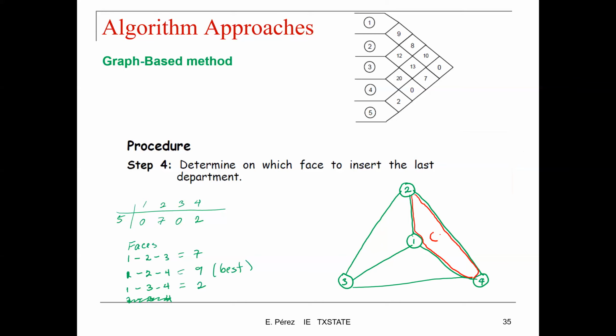Okay, so 5 is going to be located here, and it's going to be connected here, here, here. And this is 0, this is 7, and this is 2. This is 13, this is 12, this is 9, this is 8, and this is 10 and 20.